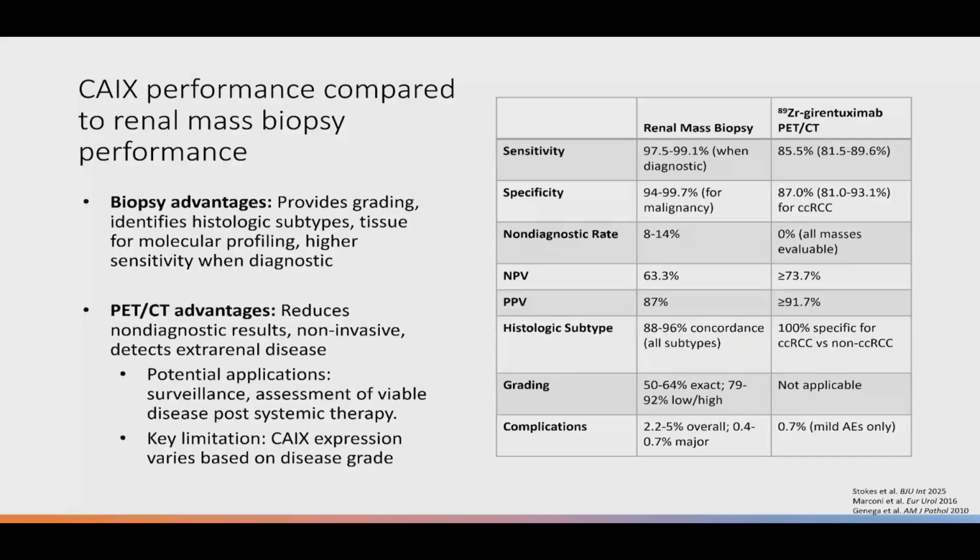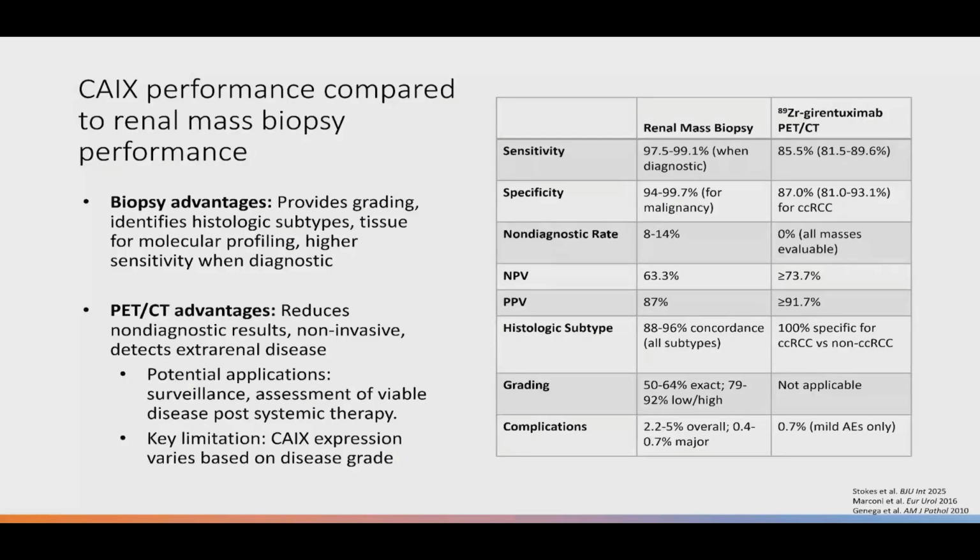CA9 provides its own set of advantages. First and foremost, it's non-invasive. It can reduce non-diagnostic rates, and it can detect extrarenal disease as well. Because of this, it has potential applications in surveillance, but also in the assessment of viable disease after systemic therapy.